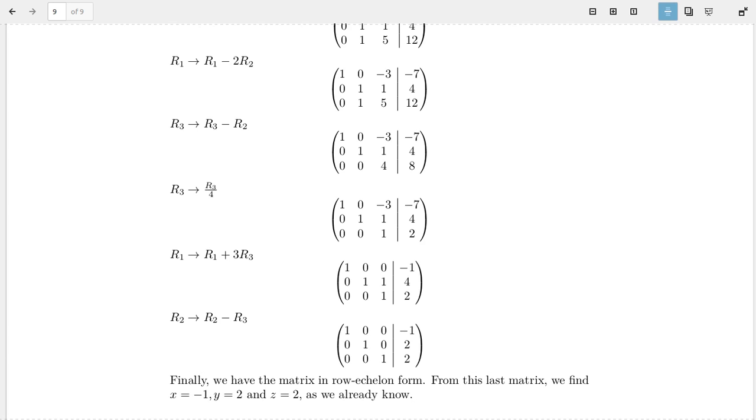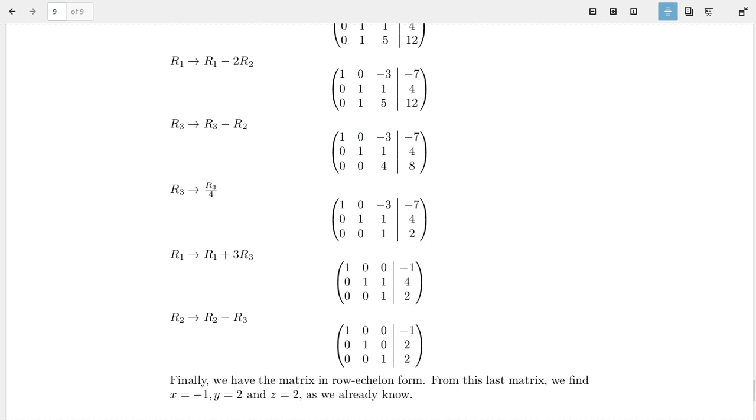Now, again, why is this in reduced row echelon form? First of all, this is in row echelon form, right? There are no 0 rows, so I don't have to bother about them. But notice that the pivot point in the second row is to the right of the pivot point in the first row, and the pivot point in the third row is to the right of the pivot point in the second row. In fact, we already had row echelon form by this point.